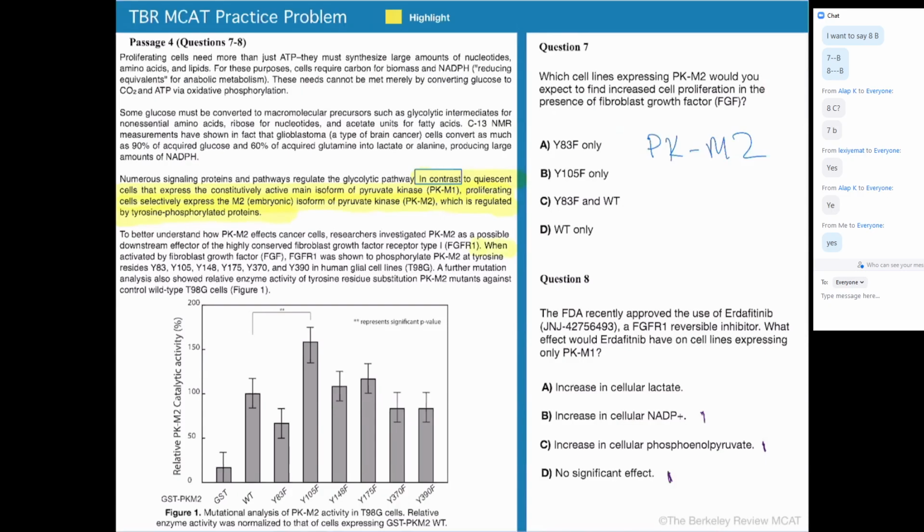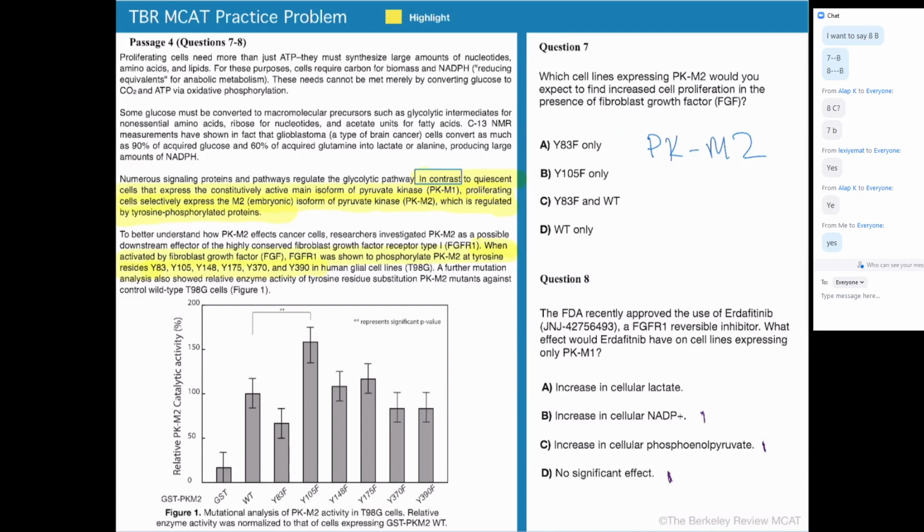So when activated by this growth factor, FGF, this growth factor receptor is known to phosphorylate PKM2 at tyrosine residues. So now we know that this protein kinase is phosphorylating at these different tyrosine residues. And then it lists a bunch of different residues that it could get phosphorylated at, okay?